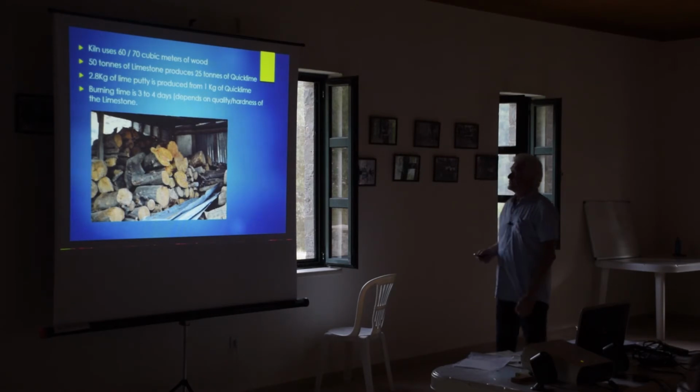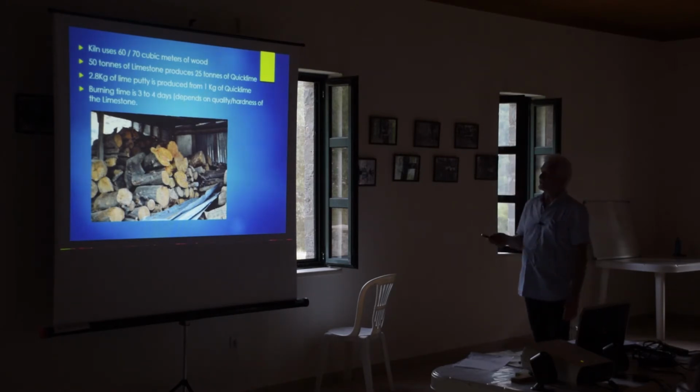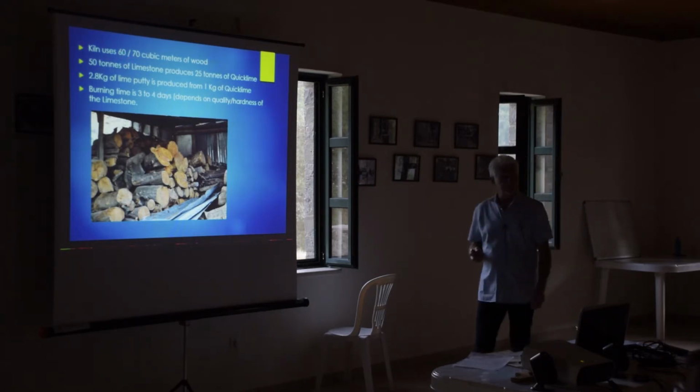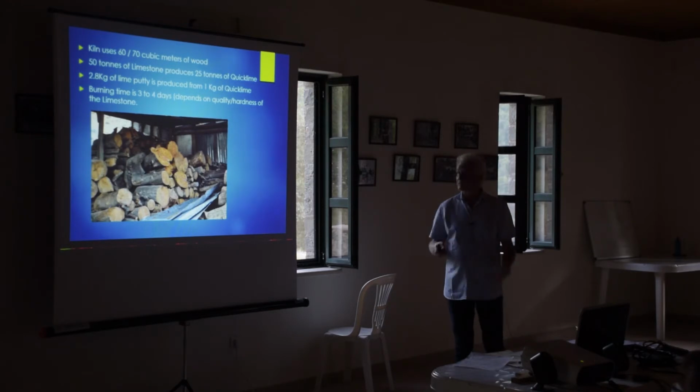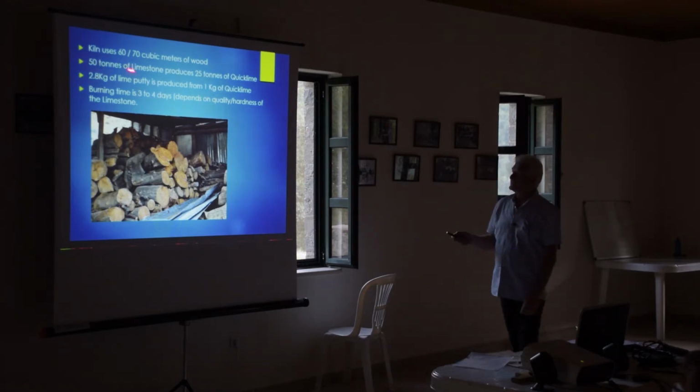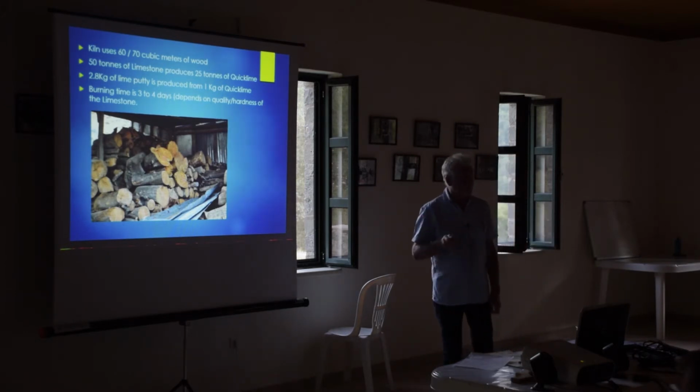So what does all this produce? The kiln you've just seen uses 60 to 70 cubic meters of wood on one firing to keep it going. 50 tons of limestone produces 25 tons of quicklime.